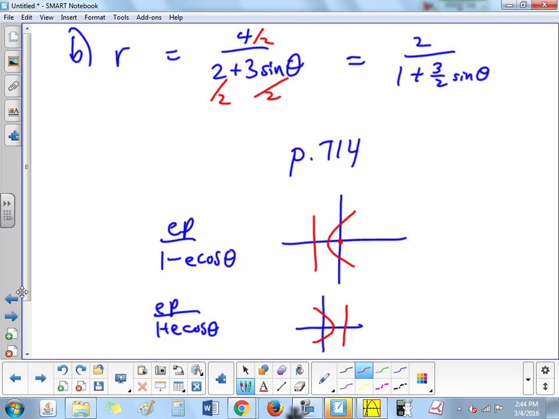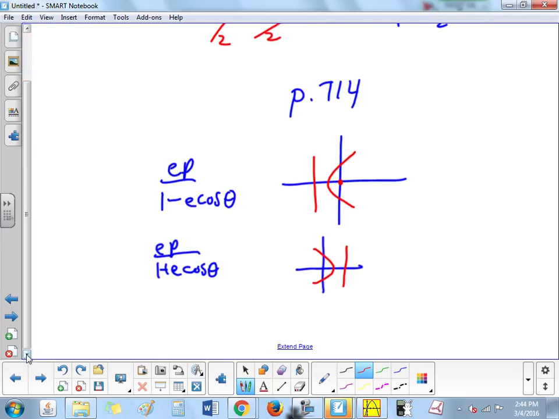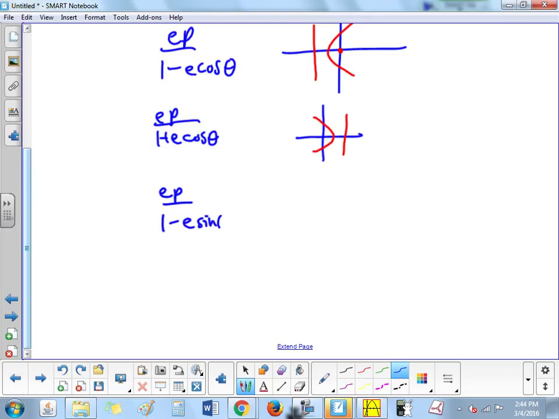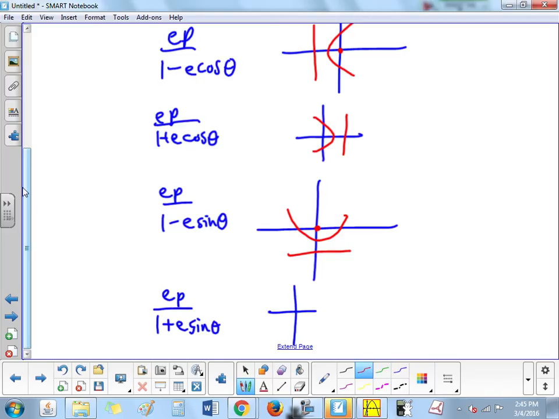If it's a sine instead of a cosine, then there is a 90-degree rotation involved. So if you have EP over 1 minus E sine, then it's an up drawing. And the last case, of course, is the down drawing. If you have EP over 1 plus E sine, it's a down drawing.